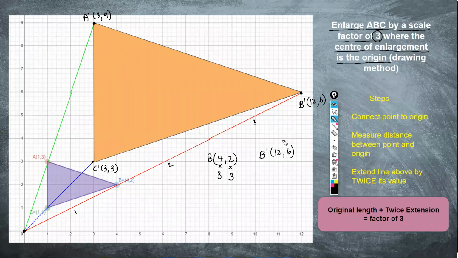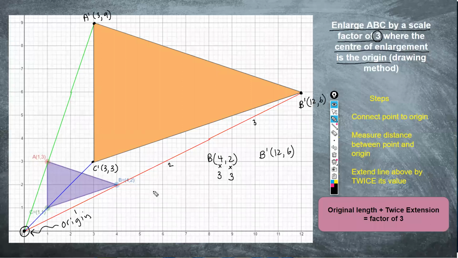So let me explain what this certain instance is. Whenever they say to enlarge it by a certain factor, like if it was 4 or 5 or 2, fine. We can just multiply all the coordinates by that particular number. But you have to ensure that we are standing at the origin. So this shortcut method only works if the center of enlargement is the origin.